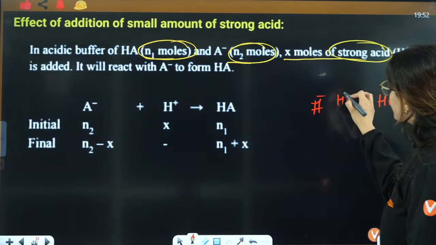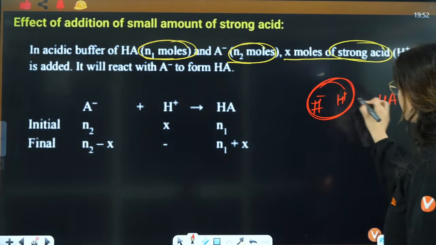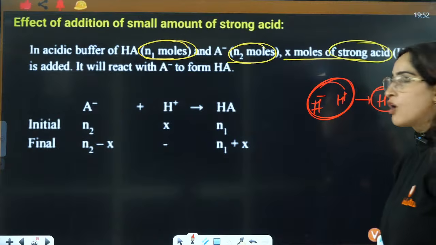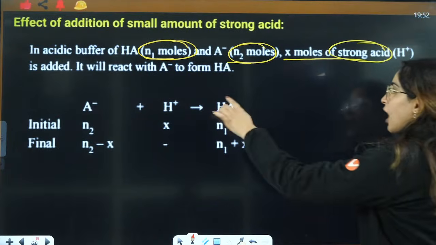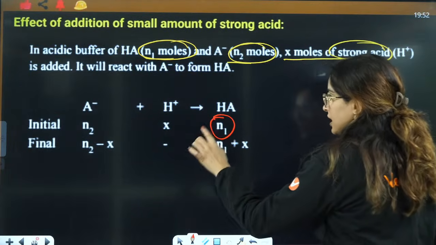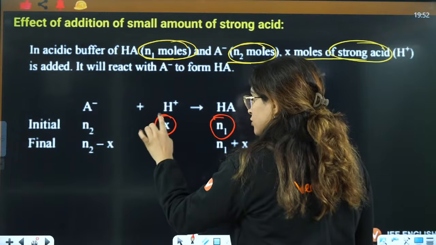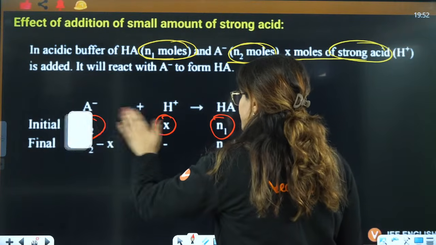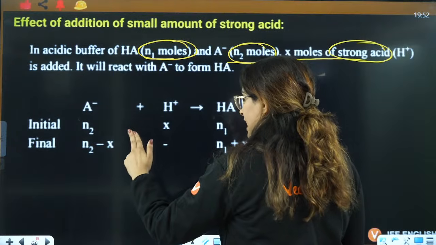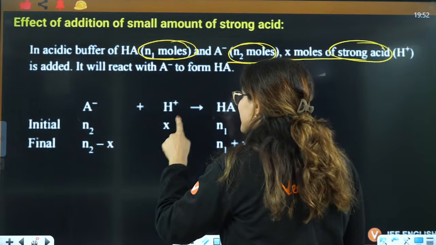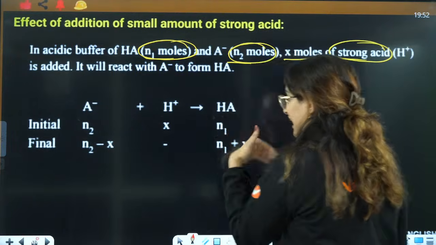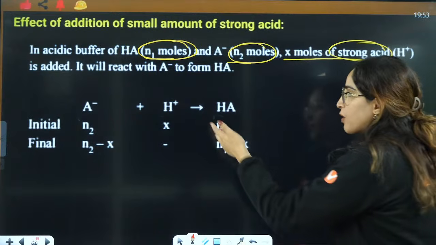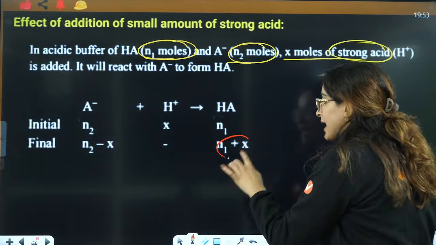When you add H positive, it will start making more of HA. Already you have N1 amount of HA, and already you have N2. Now when these two react, X amount of extra HA will be formed, and that will be added here.